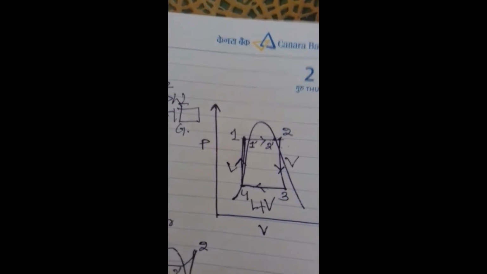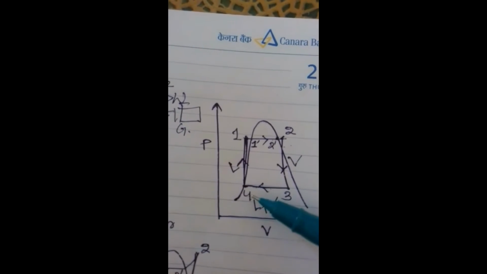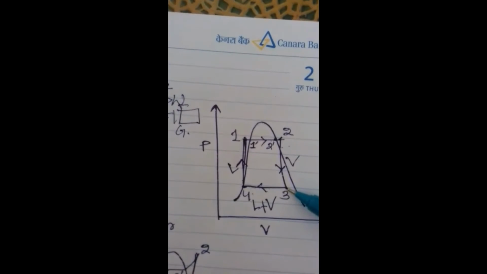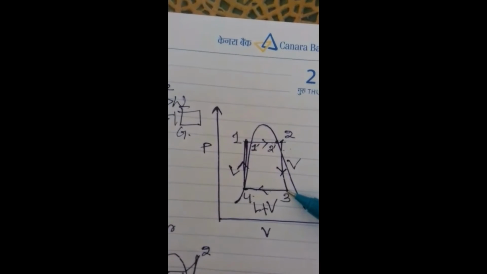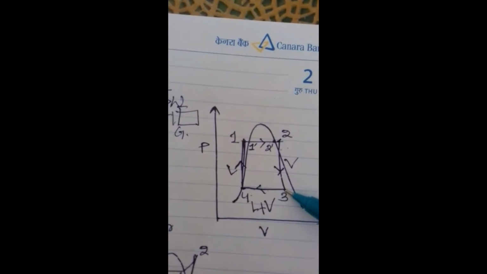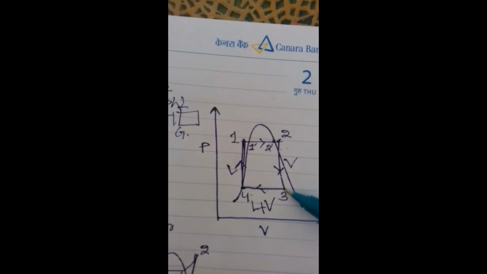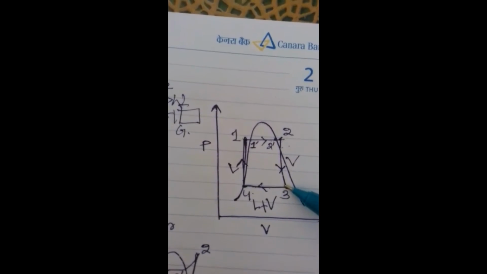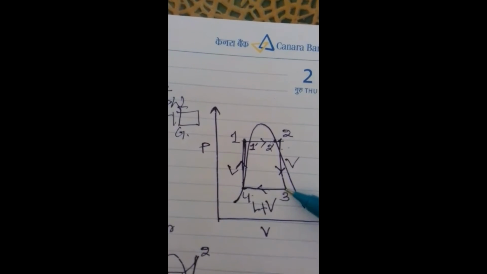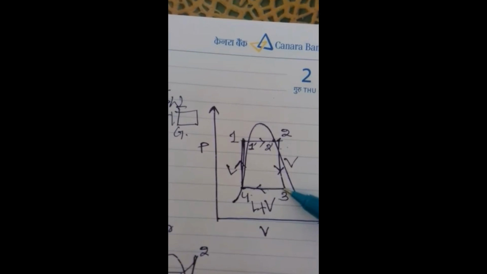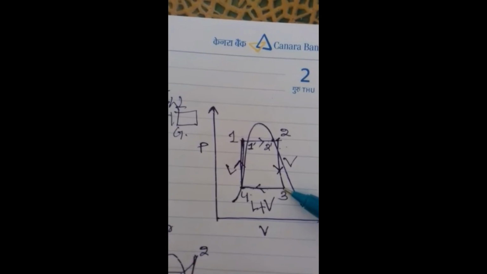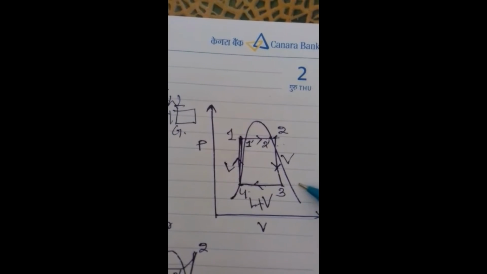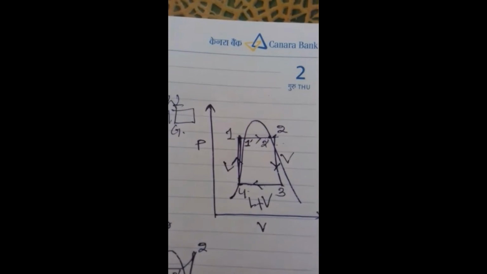In the 3 to 4 process, the pressure remains constant. Depending upon the conditions, the 3 point may be in the wet region, that is liquid plus vapor, or on the saturated vapor line, or it may be in the superheated vapor region.